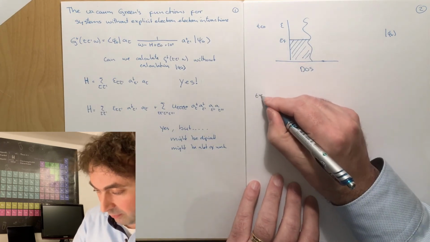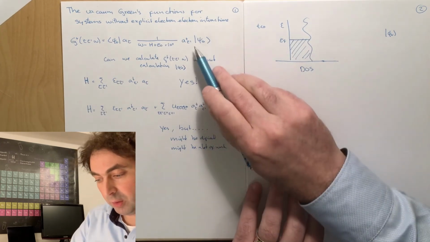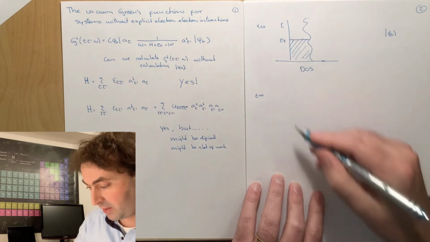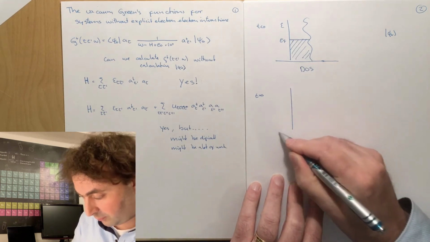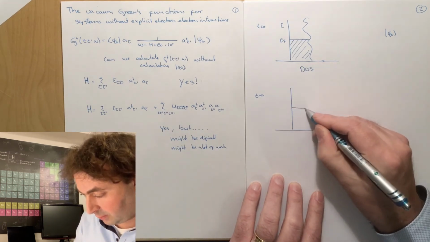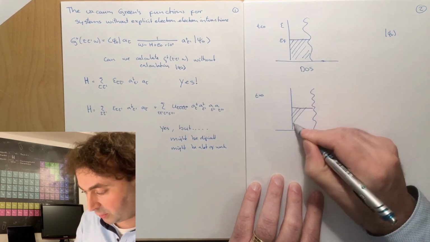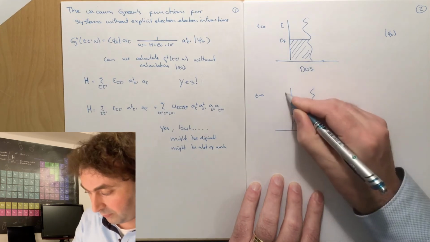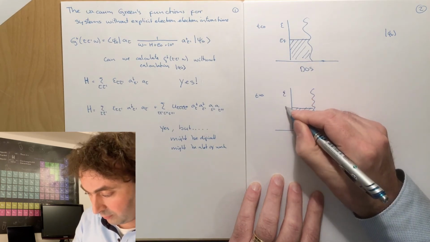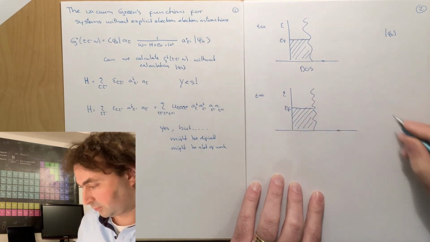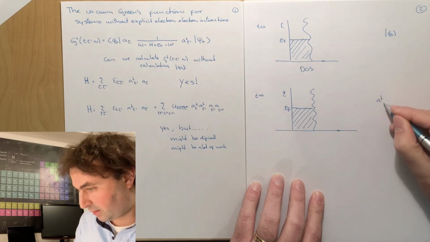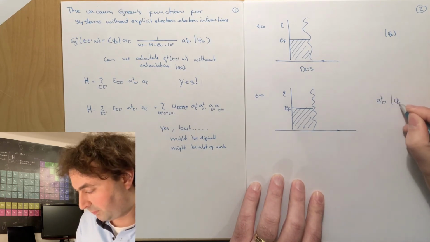Then at t equals 0, I create a particle in my system. And up to t equals 0, we are in an eigenstate, so there is no change. And this is c dagger tau prime psi 0.